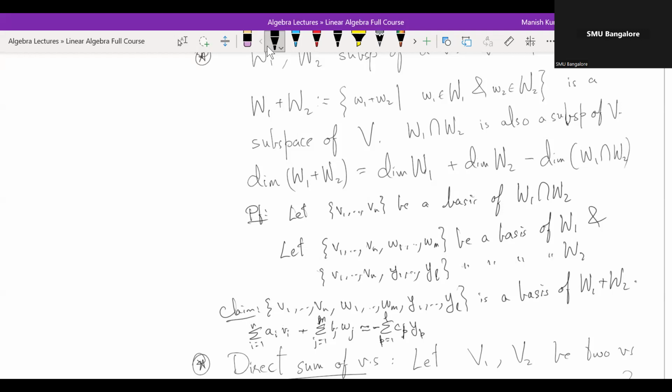So once I write it this way, that tells you that this element is in this and this. So this tells you that this belongs to W1 intersection W2, because the left hand side is in W1 and the right hand side is in W2.